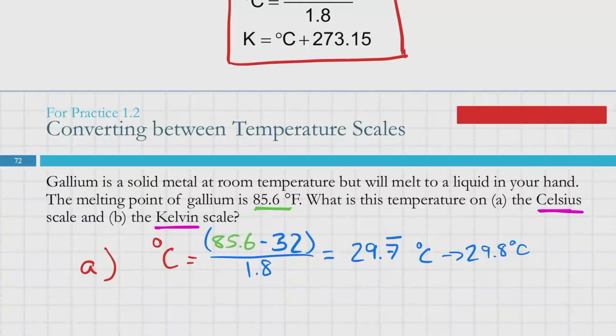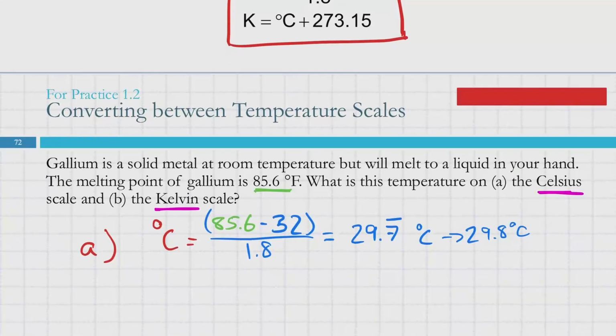And then we need to convert our temperature. We should use the one with the repeating 7. We need to convert our temperature into Kelvin. Conveniently for us, it's already set up the way that we have it up here. So for B, we're plugging in for Kelvin. It's equal to our degrees Celsius, the 29.7 repeating. Then we add to it 273.15.